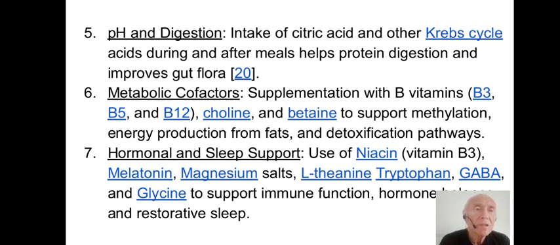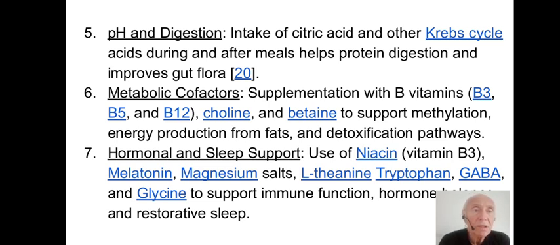And hormonal and sleep support. Use niacin, vitamin B3, melatonin, magnesium salt, theanine, tryptophan, GABA, and glycine to support immune function, hormone production, and restorative sleep. I normally sleep 8 up to 9 hours a day, and niacin helps to fall asleep, and melatonin, you can buy in doses above 2 milligrams a day.